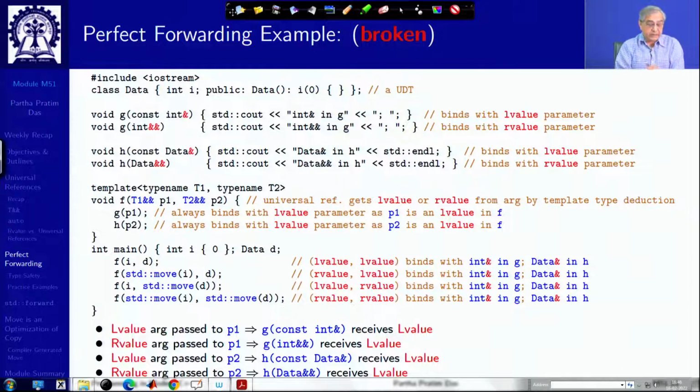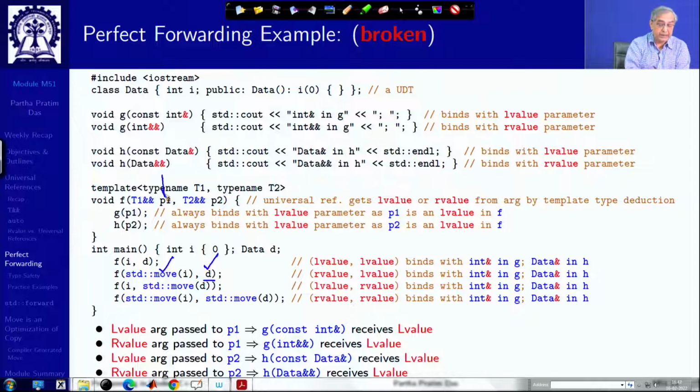But now suppose I keep the L value for the second parameter, but the first parameter I change to an R value. I could have done it by having a function which returns an integer also, but I have used the simple technique that we have learned: you can take any L value and call std::move on that, which strips off the L value reference and gives it the R value reference. So, this becomes an R value. So, this is an R value I am passing and this is an L value I am passing.